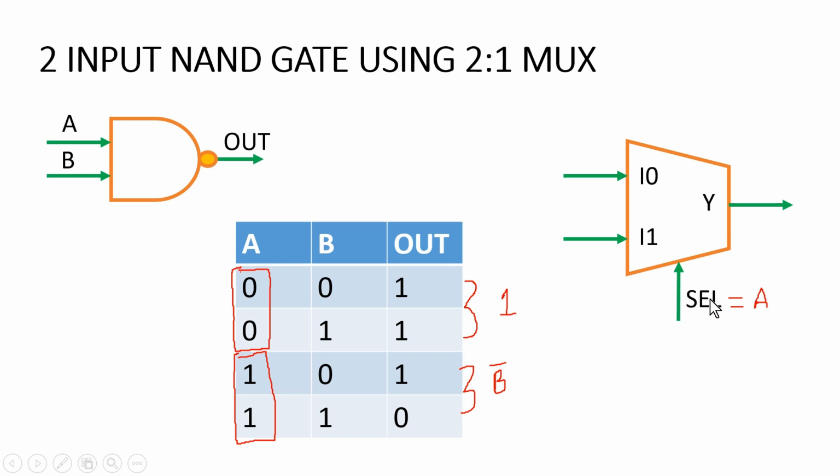But I know when select line is 0, I0 will be passed at the output. So that means I will fix the value of I0 to 1. So let me write 1. Similarly, when select line or A is equal to 1, what should be my output? It should be B bar. That means I need to apply B bar at I1, because I know when select line is equal to 1, I1 will be passed to Y. And let me write Y is equal to out.